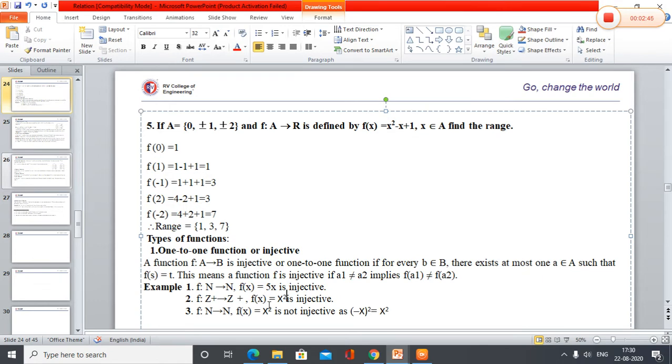If I take 1, the image is 1 only. If I take 2, the image will be 4. So every element of the first set has a unique image in set B, because I can only take positive numbers here.